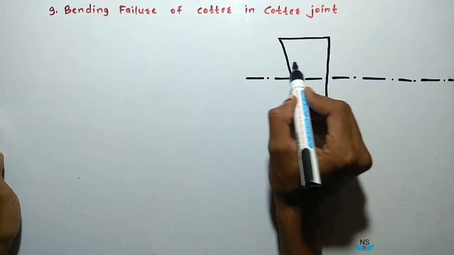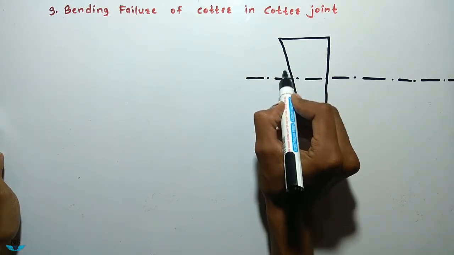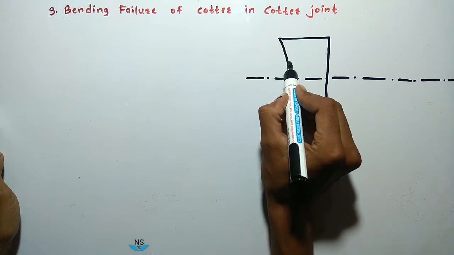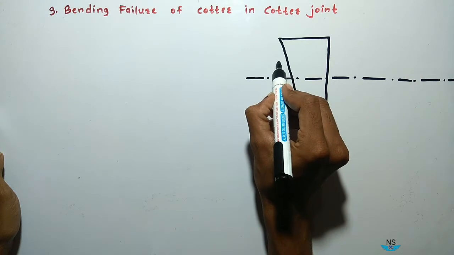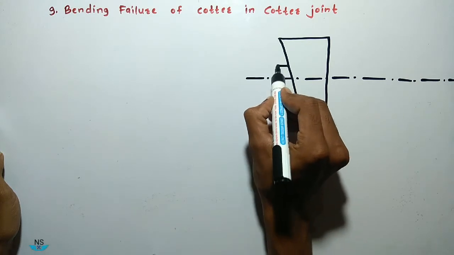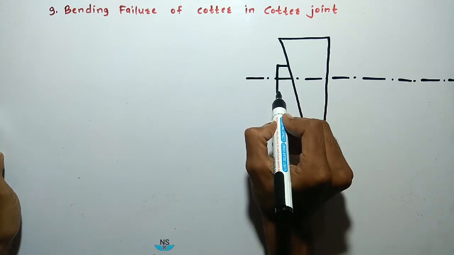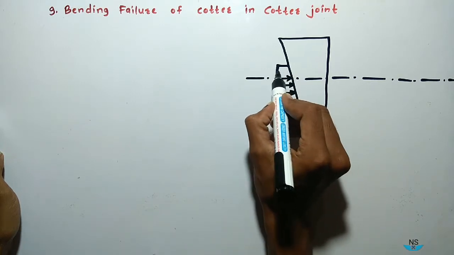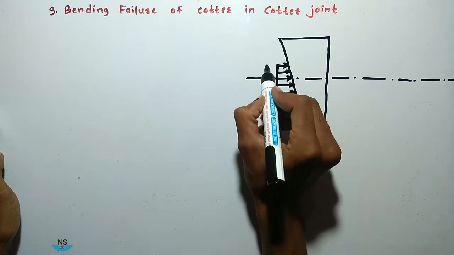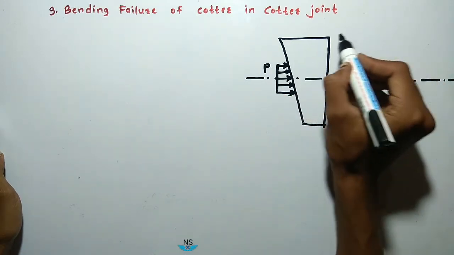And we know from this side load P is acting, that is from this side spigot touches the quarter. So uniformly distributed load is acting on the quarter from this side. This is the uniformly distributed load P.